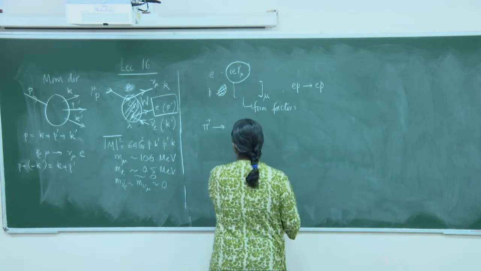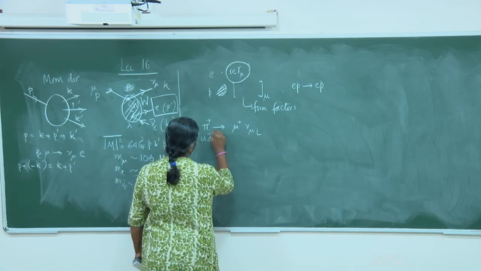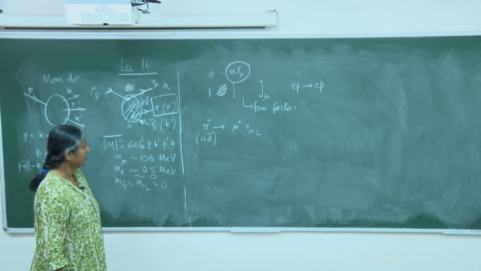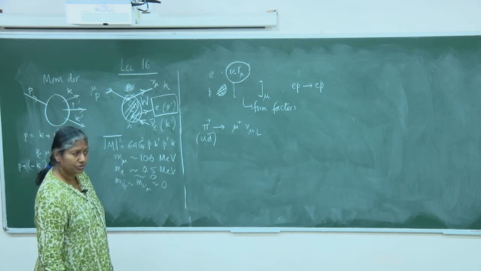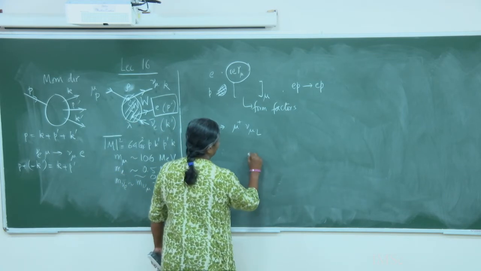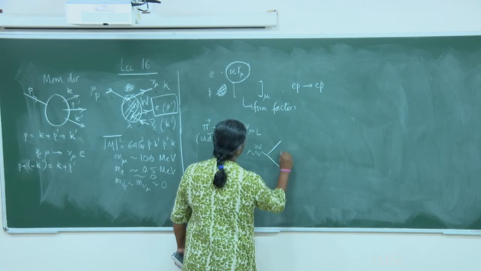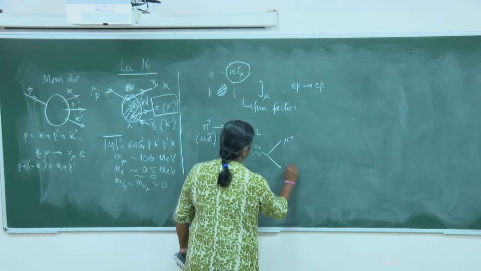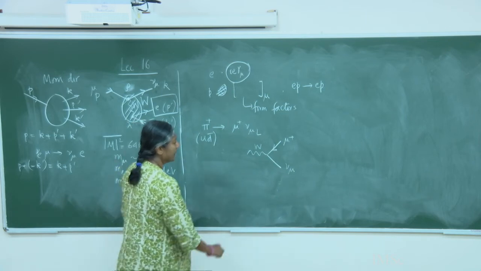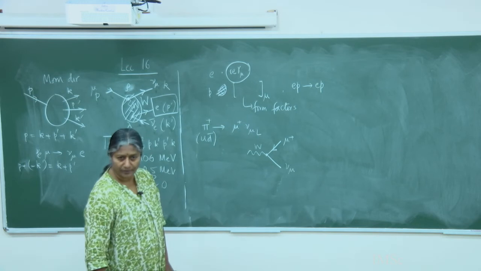So what we will do is, pi plus, if you remember when we started out our quark spectroscopy, is basically a u d bar combination, pseudoscalar. Okay. So now I will have to write, we know that there is some W, okay, and this W goes to mu plus nu mu, okay, and this part is completely satisfied by writing gamma mu into 1 minus gamma 5.